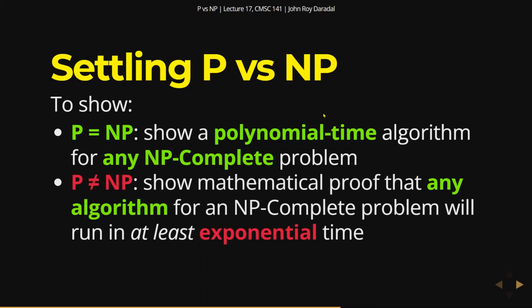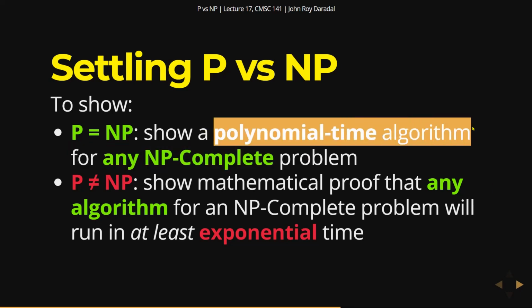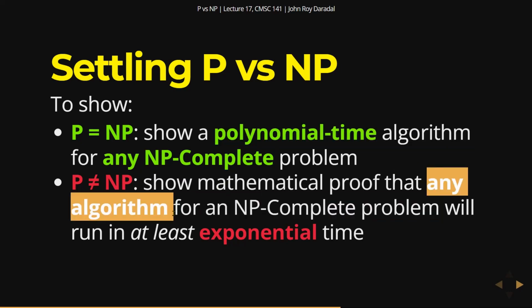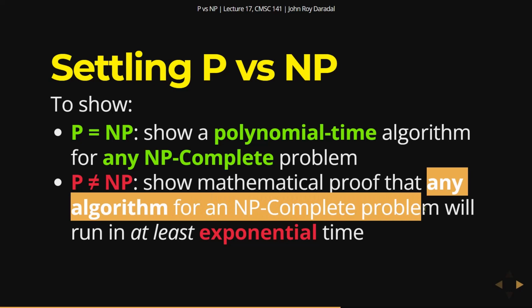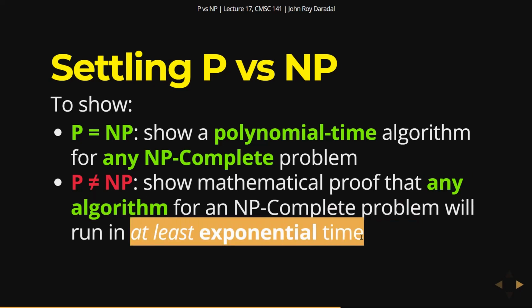For the opposite side, if you want to prove that P is not equal to NP, then you need to show a mathematical proof that any algorithm for an NP-complete problem will run in at least exponential time. So for P equal to NP, you only need to show one algorithm, right? But for P not equal to NP, you need to prove mathematically that any algorithm for an NP-complete problem will run in at least exponential time.